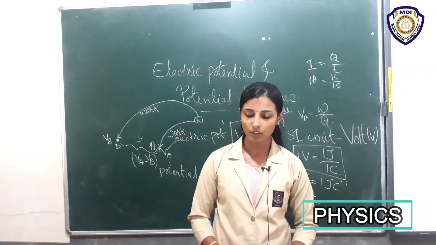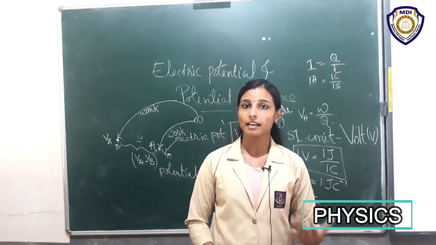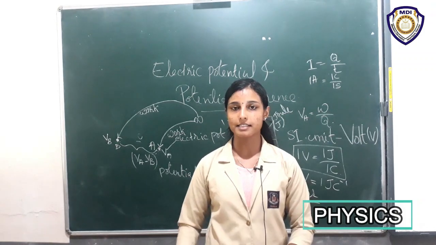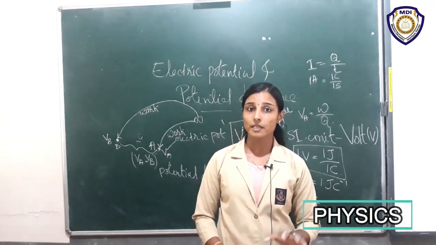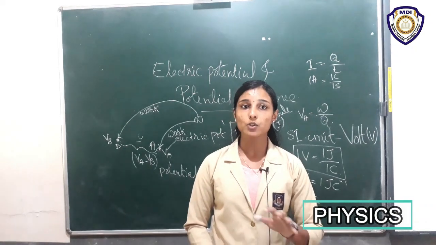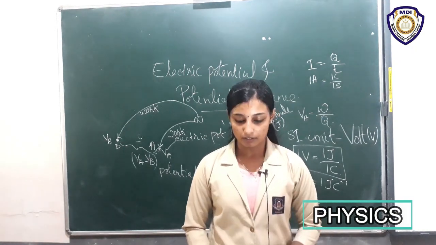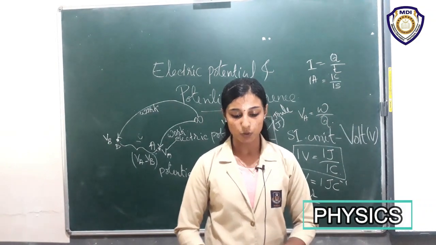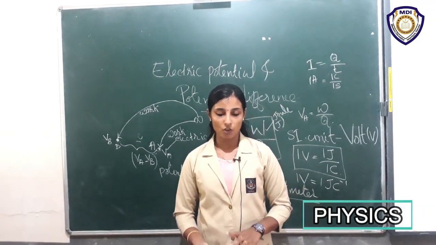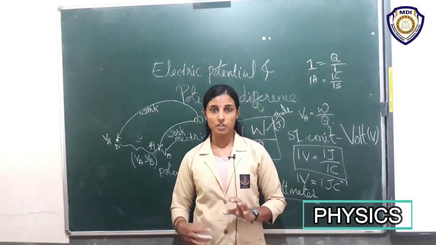For now, just understand that the voltmeter is always connected parallel across the points between which the potential difference is to be measured.